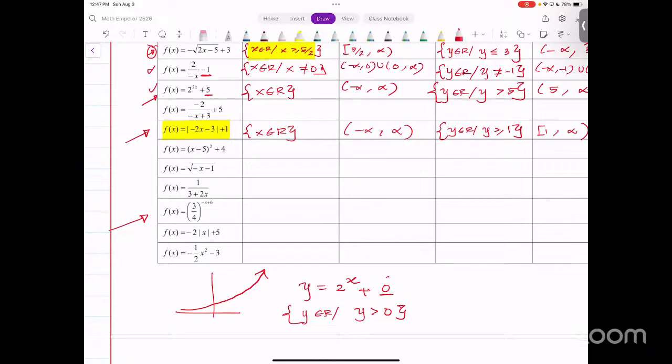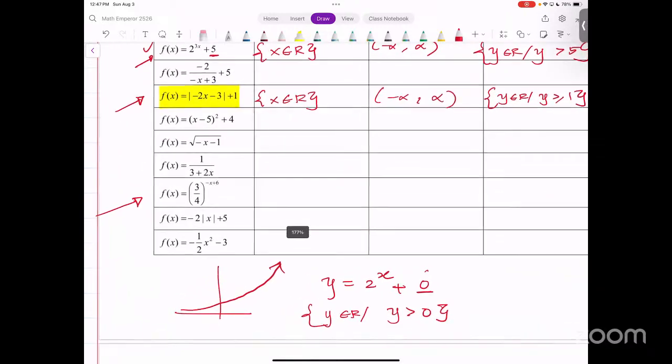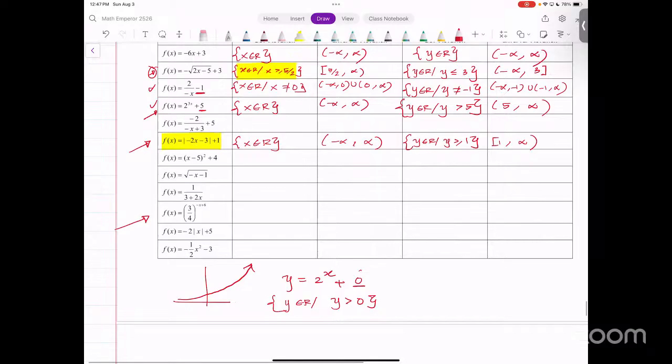All right, that's going to be a little tricky. Certain things we can guarantee. Let's go back to Harshini. Harshini, what did you say for the domain? I said x all real numbers. Yes, because for an exponential function, x is all real numbers. That's pretty easy to tell.